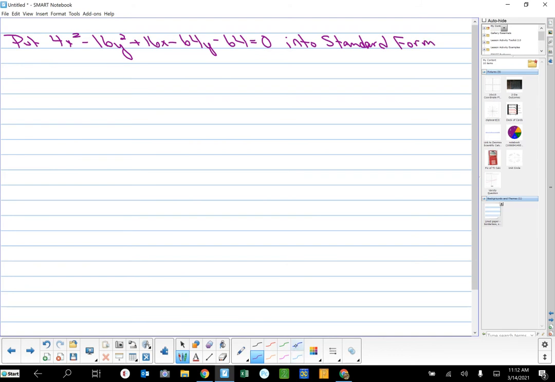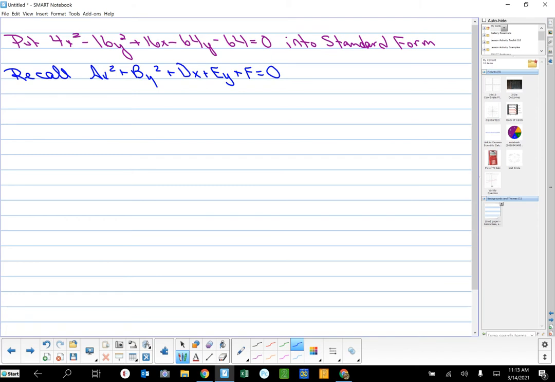Okay, so here's the deal. Again, recall that the general form is ax squared plus by squared plus dx plus ey plus f equals 0.